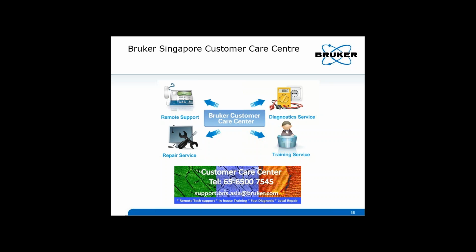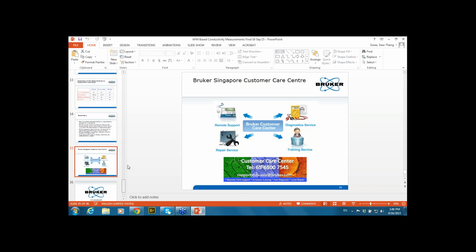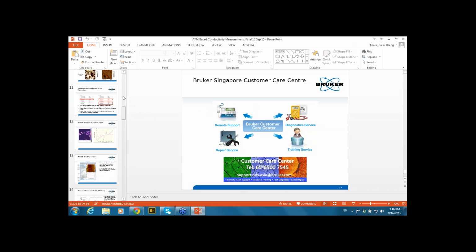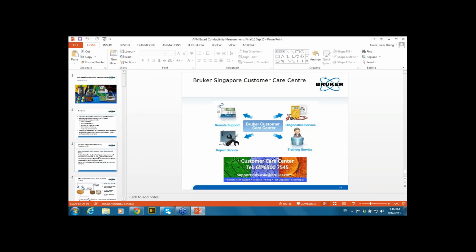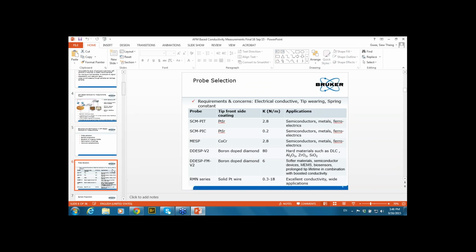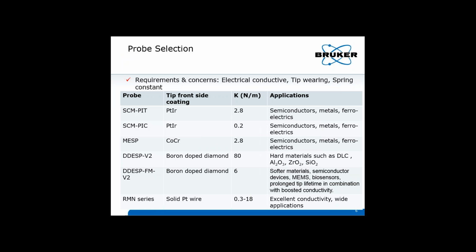So here I have one slide that mentions probe selection. For hard disk, you can use SCM-PIT or MESP. But you can also try different probes and find out which one is the best for you.